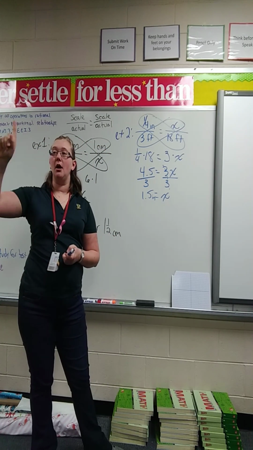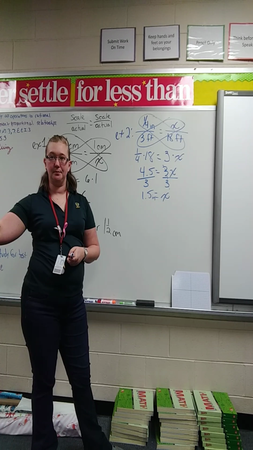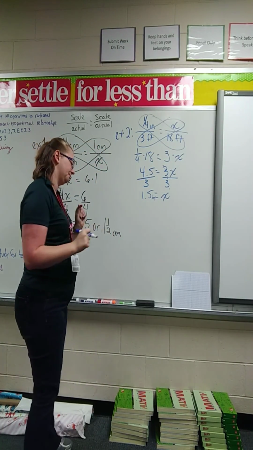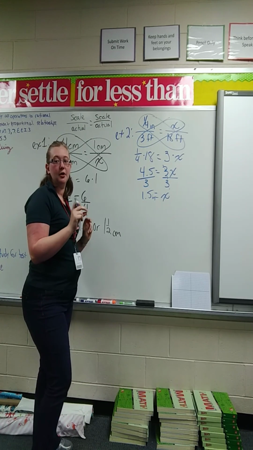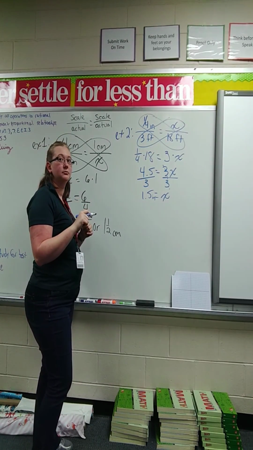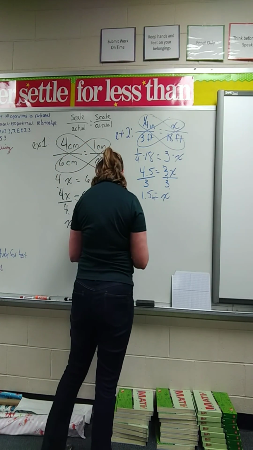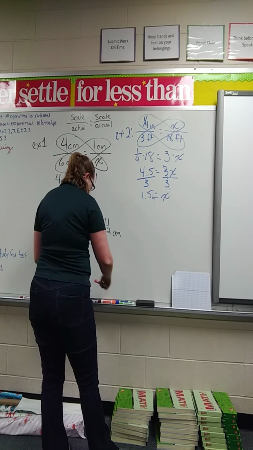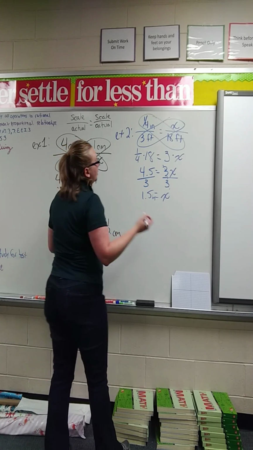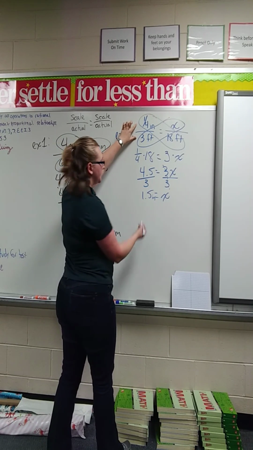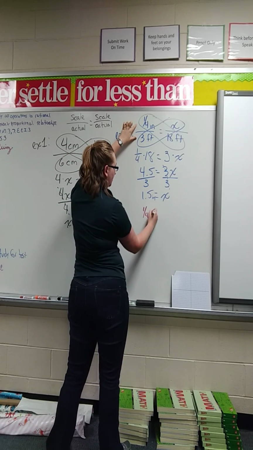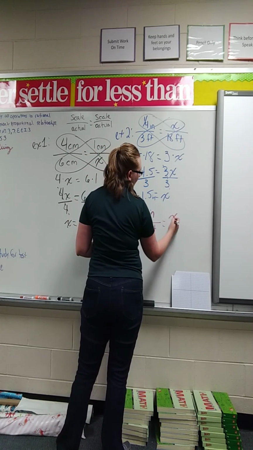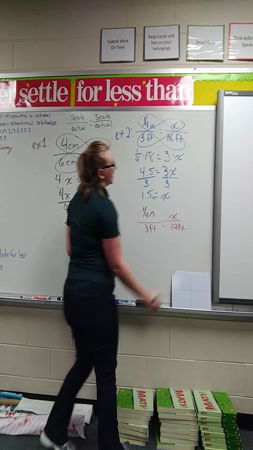Alright, so we figured out what one wall length was. Now we need to do the other one. What were the dimensions of my room? It was 18 feet by 12 feet. We still have the same scale, 1/4 inch over 3 feet, but we're going to have x over 12 feet instead of x over 18 feet.